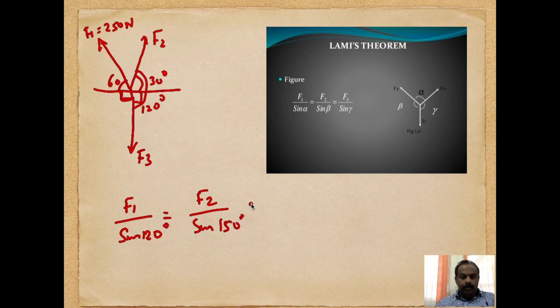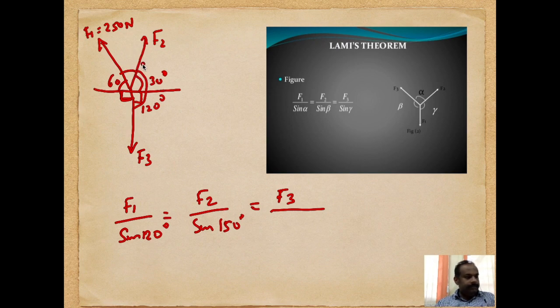And remember to have your calculator set in degrees, not in radians. And F3 divided by sine of the opposite angle. You know the total is 180, you have 90, so how much should this be?